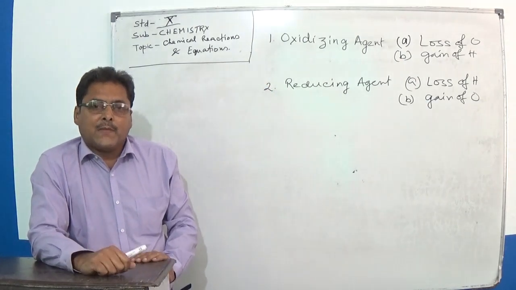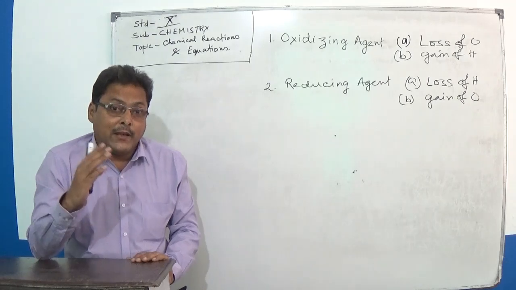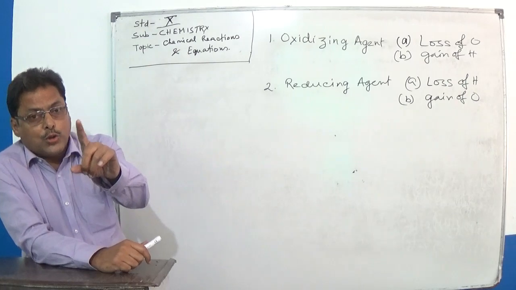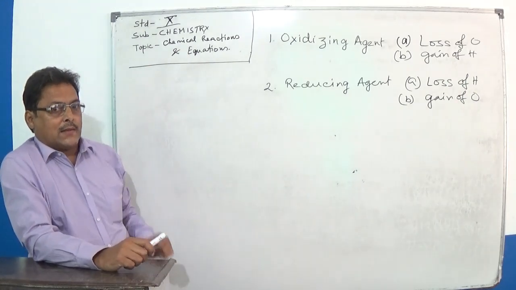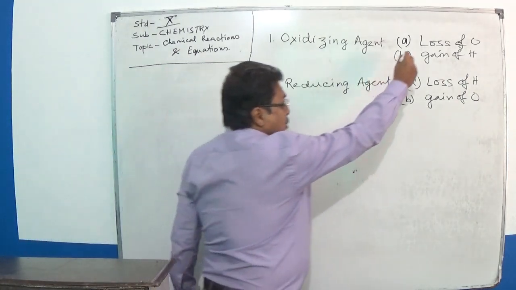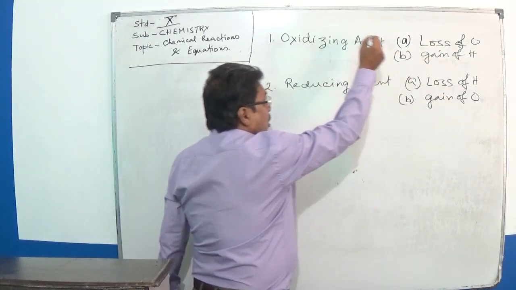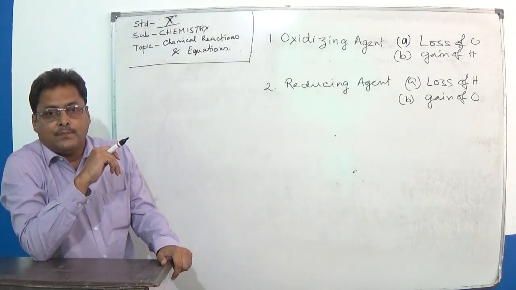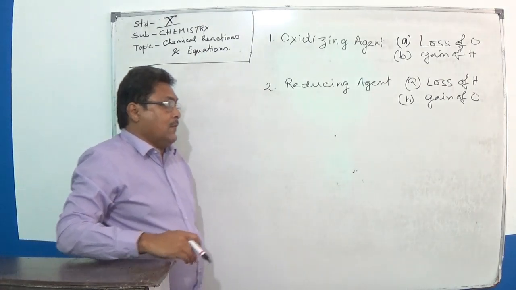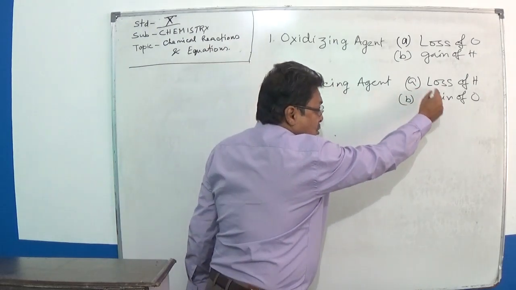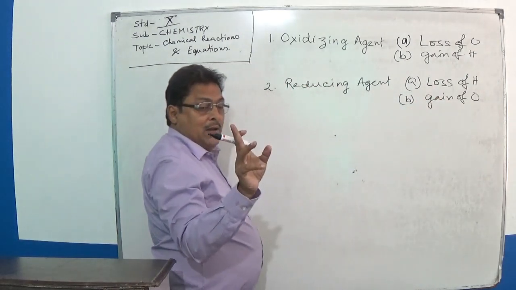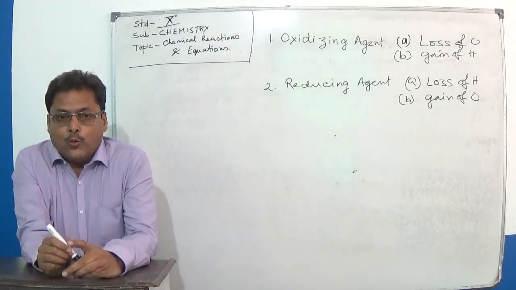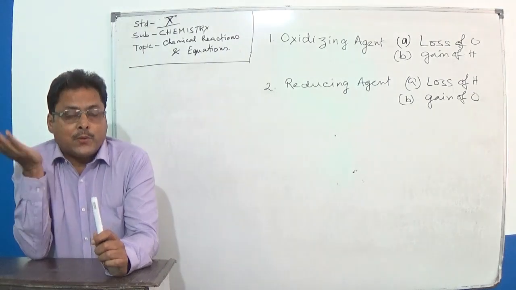You will see on careful thinking, the substance that undergoes reduction is called the oxidizing agent, and the substance that itself undergoes oxidation is called the reducing agent. Be very careful to have it clearly understood.